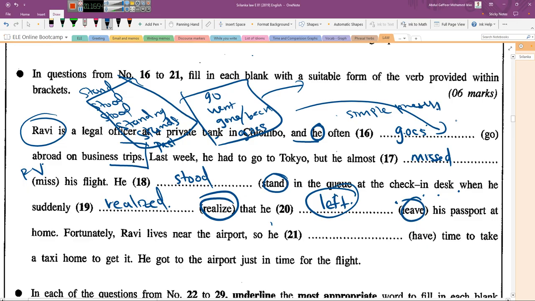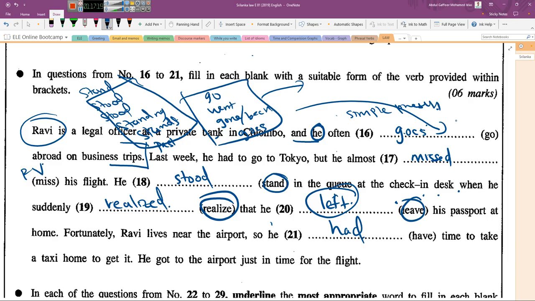Fortunately, Ravi lives near the airport, so he had time to take a taxi home to get it, right? So he had, because all these happened in the past, last week. To take a taxi home to get it, he got to the airport just in time for the flight, right?